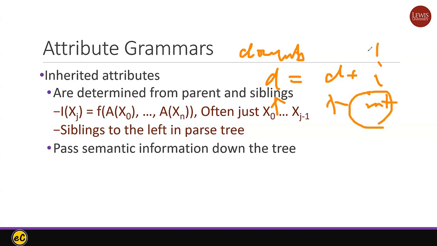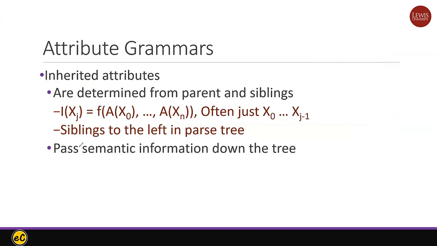The data type attribute on the I will become a double because this type is determined by the parent and its siblings. So this is an inherited attribute, coming from your parent or sibling, and the assignment statement is one example.